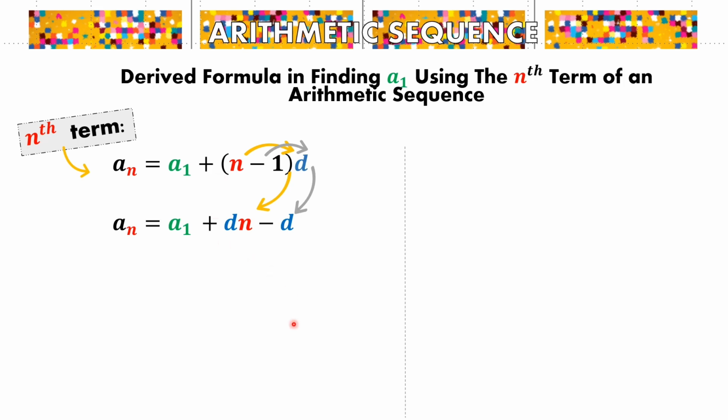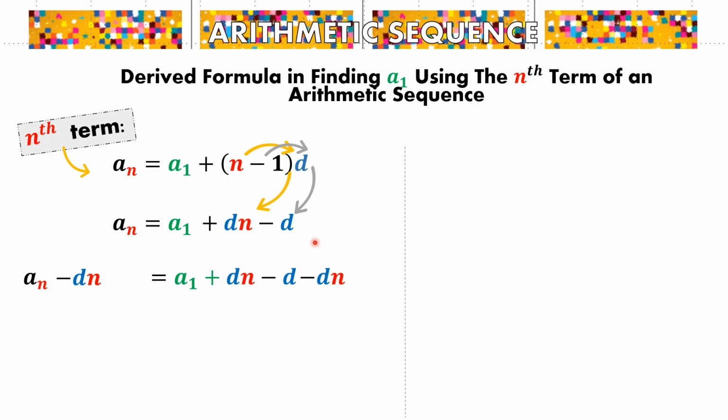So by applying the subtraction property to remove positive dn, we need to subtract both sides by dn. And next is negative d.